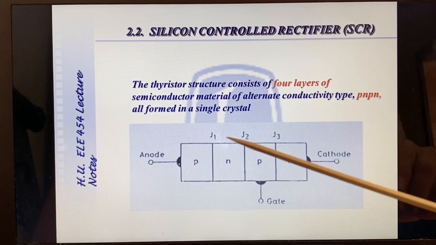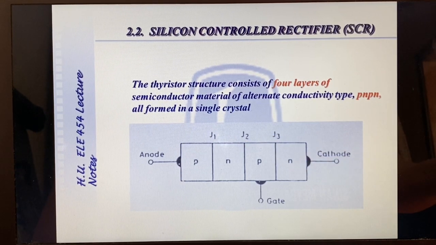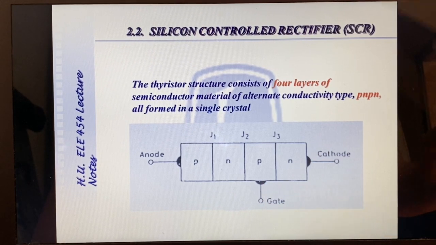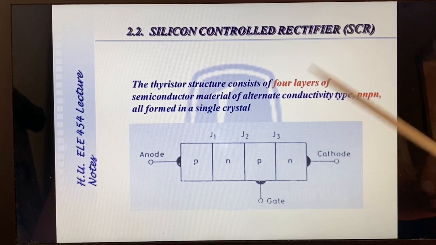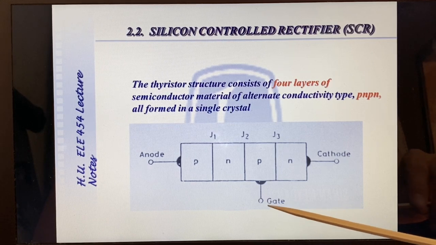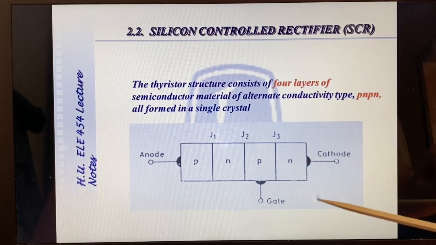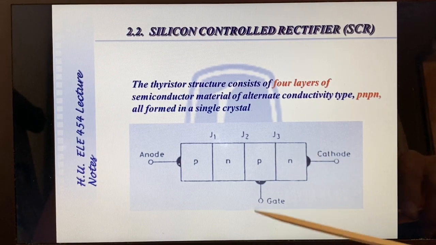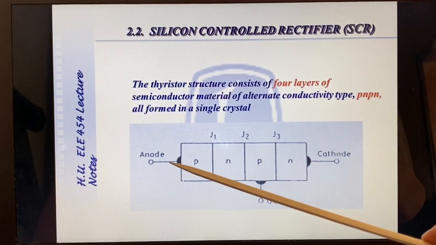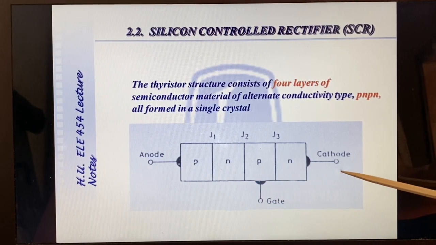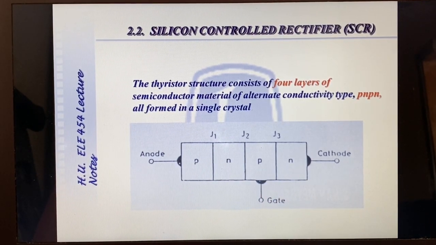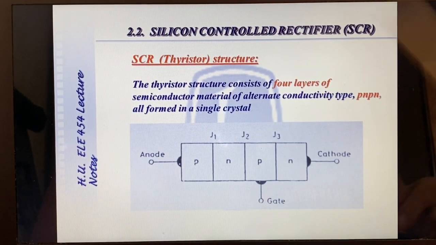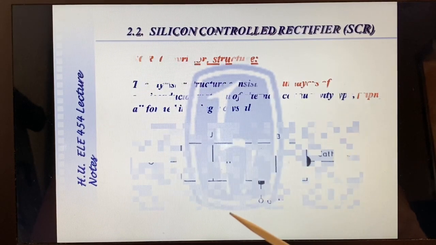So 3 junctions are formed, J1, J2, and J3. Here is the anode terminal, cathode terminal, and gate terminal. Whenever you inject a current through the PN junction device here, you turn on the thyristor, and hence anode current is latched. Otherwise, it remains in blocking state.